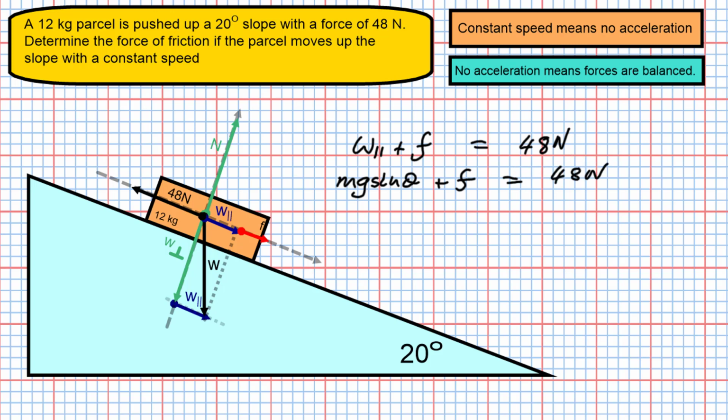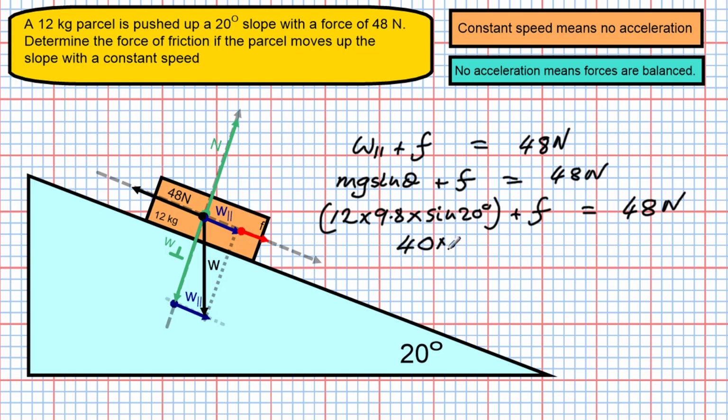Put the numbers in: 12, put a bracket around this, 12 times 9.8, the gravitational field strength, times sine of 20 degrees, plus the frictional force must be equal to the force acting up the slope, 48 newtons. Let's do our calculation. 12 times 9.8 times sine 20 is going to give us an answer of 40 newtons.